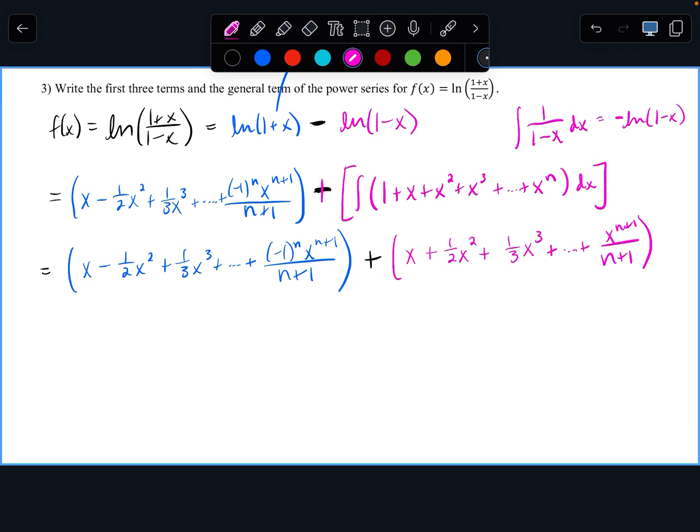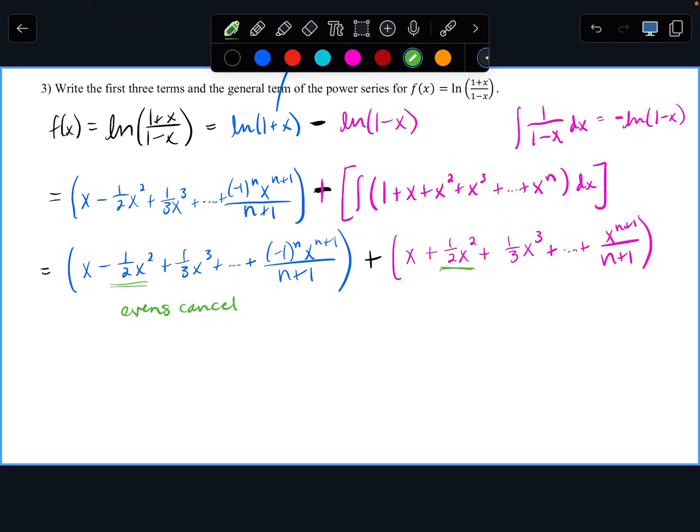Okay, they're repeating. Wait a sec. Stuff goes away. But the odd ones go together, because they're both positive. Okay, so here we go. Evens cancel. Like these guys, those would cancel.